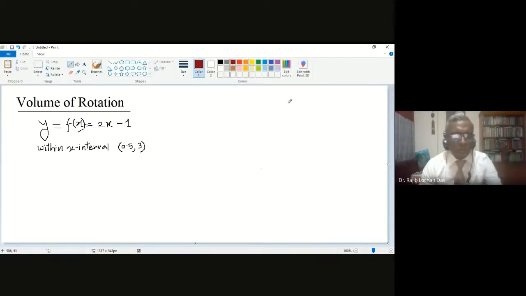So let me draw this. The calculation will be very easy. Drawing is very important so that you can understand what is happening. In this case, the graph will definitely be a straight line, and it will be like this.